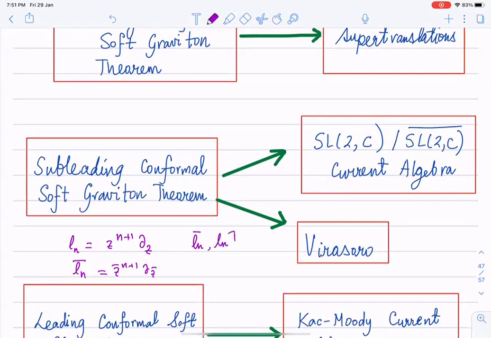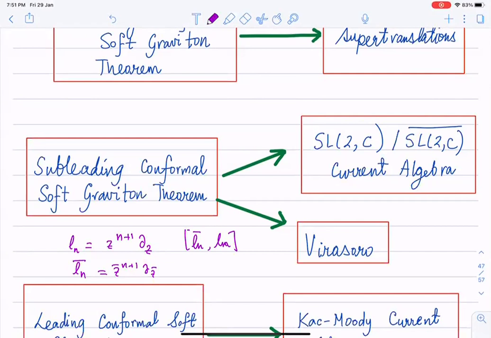So what I was asking is about the recent paper by Andrea Puhm in May of last year. Right. There you take the shadow transform of Virasoro and you get this different symmetry. Correct.